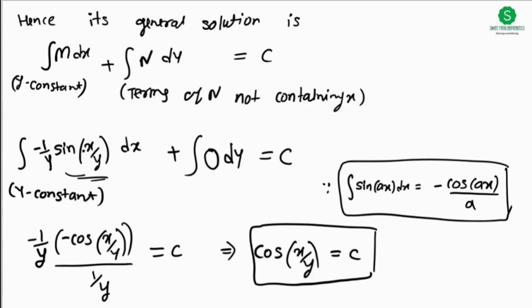So here y is constant, so 1 upon y is constant. And that constant we have to divide by this integral formula. So integration of sine is cos x by y divided by 1 upon y equals to c. So numerator and denominator both contain 1 upon y. That 1 upon y cancels. This minus of minus is plus. So final answer is cos x by y equals to c.